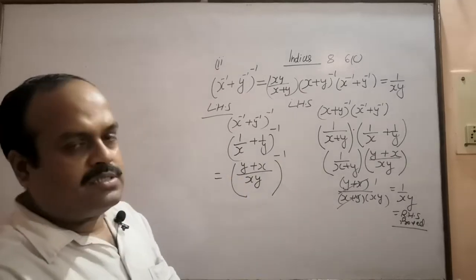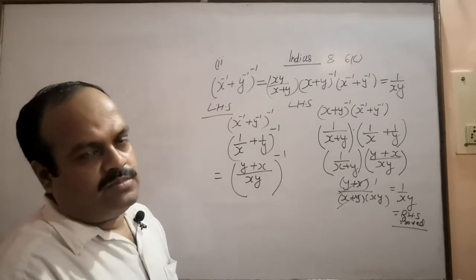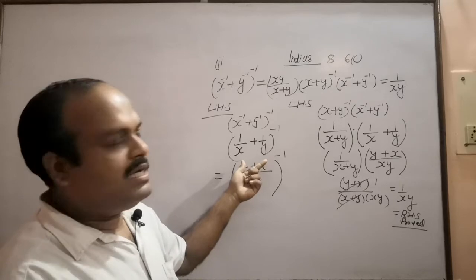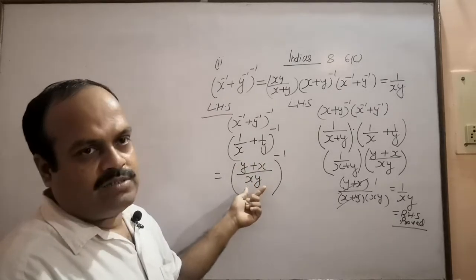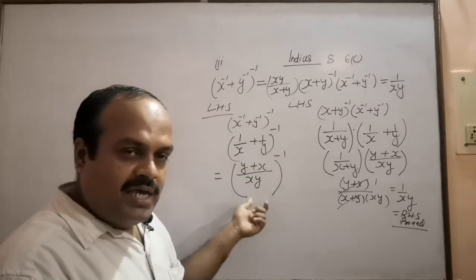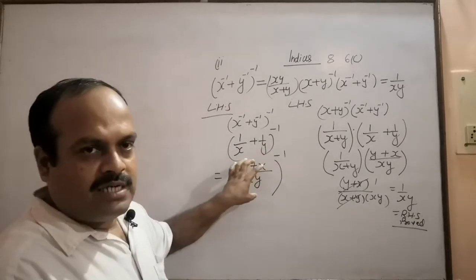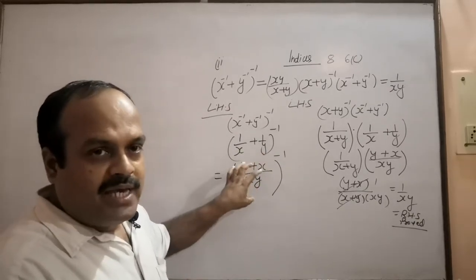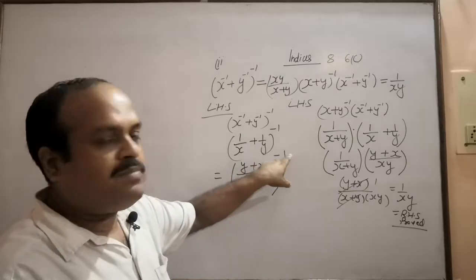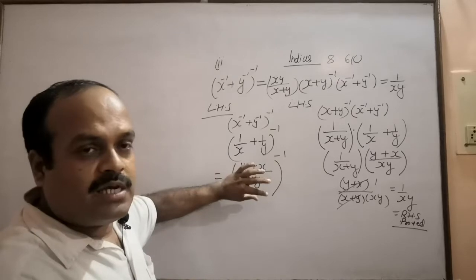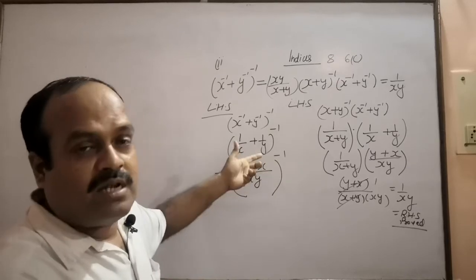So we have got a single fractional term, with numerator x plus y, denominator xy, which is the base and the power is minus 1. So this fraction is the base for exponential number with its power minus 1. To make this power positive, we will have to take the reciprocal of this base, which is a fractional number.